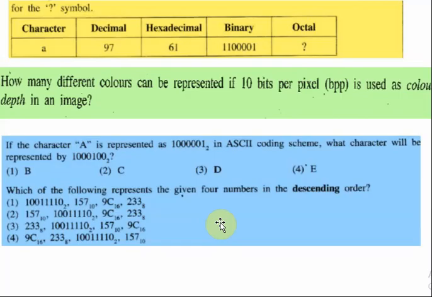To convert octal to binary, each and every digit you need to represent using 3 bits. If a hexadecimal value is given, each and every digit should be represented using 4 bits. Very simple. Once you understand, nothing to memorize. Stay tuned for the next video. Thank you.